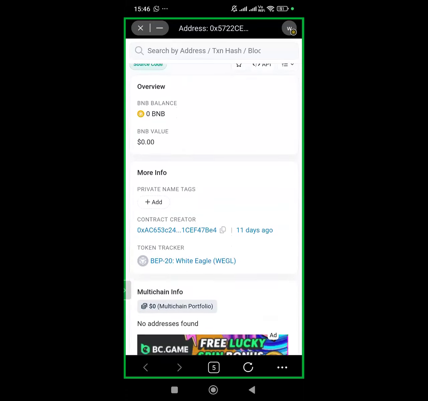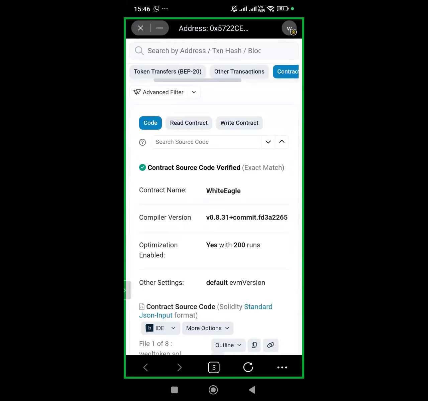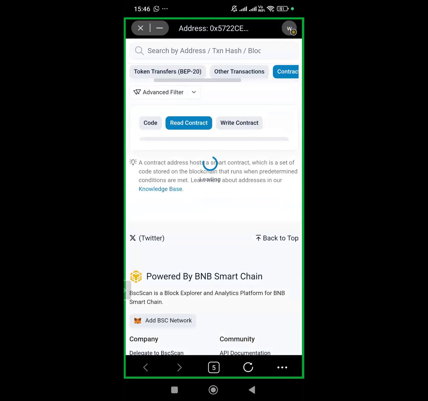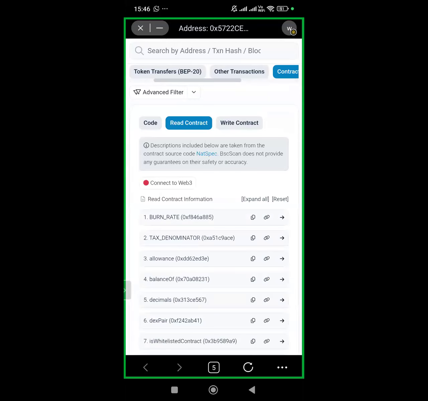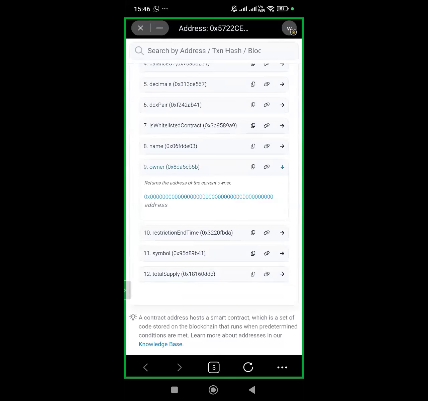As I go on the contract, click on Contract, click on Read Contract. Just go on Read Contract and click on owner. See here. The ownership is renounced. Zero address. Proves that.